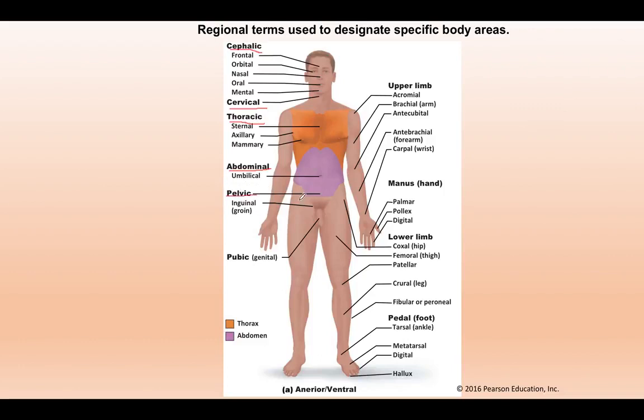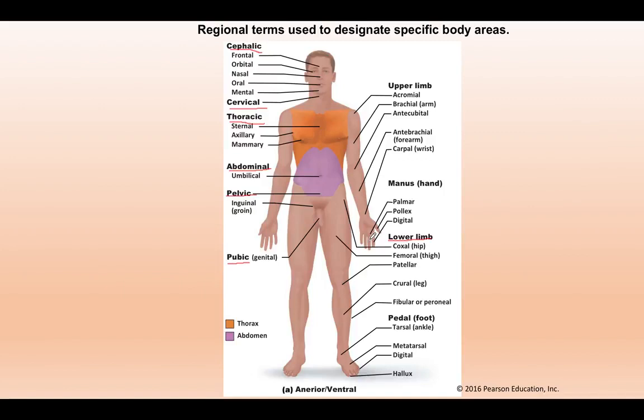Pelvic is this area in the middle where you have basically the reproductive, urinary, and digestive ends. You have the pubic area, which is your genitalia. Lower limbs as a whole basically start from your thigh all the way to your toes, and your upper limbs describe from your shoulder all the way down to your fingertips.